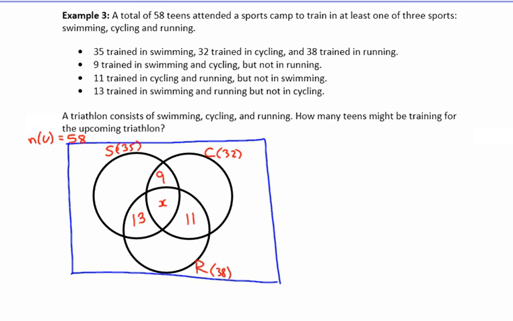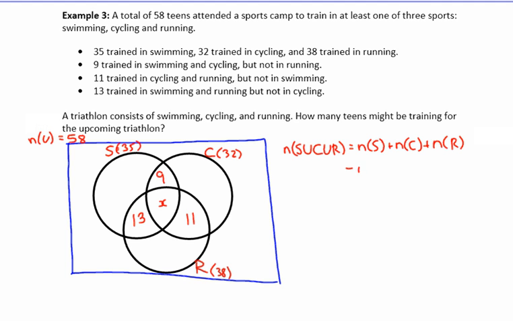Okay, if we made the formula, the number in the union of all 3, so swimming or cycling or running, would equal the number in swimming plus the number in cycling plus the number in running. Because we added those, we have to subtract the 3 intersections.